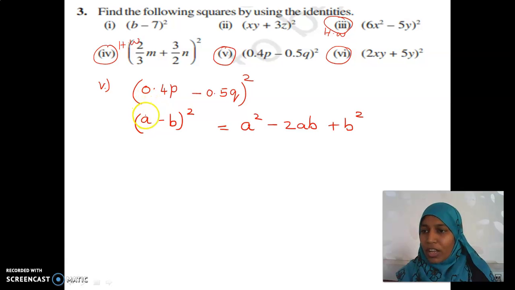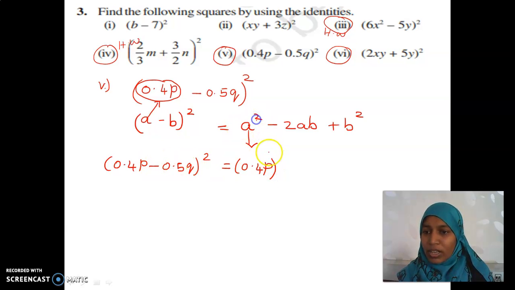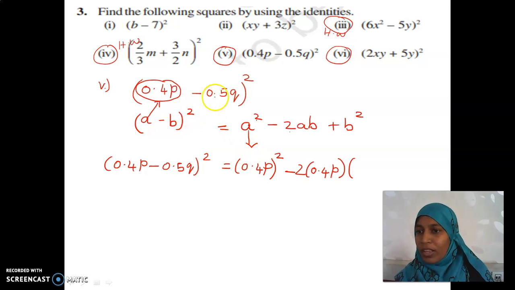Now, in the place of a, what do I have? I have 0.4p. So I will write the question once again. 0.4p minus 0.5q the whole square is equal to, in the place of a, 0.4p, squared; minus; 2; in the place of a, 0.4p; into, what is b now? 0.5q.